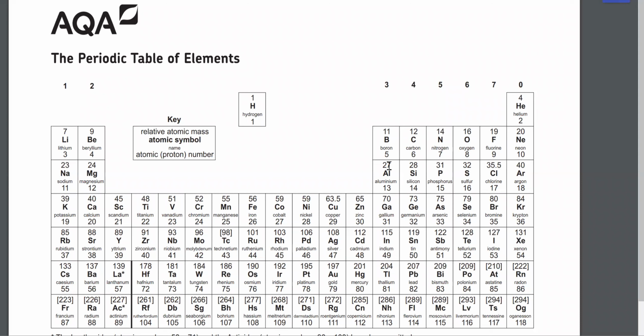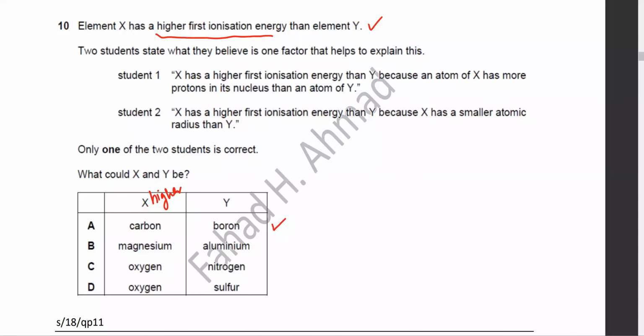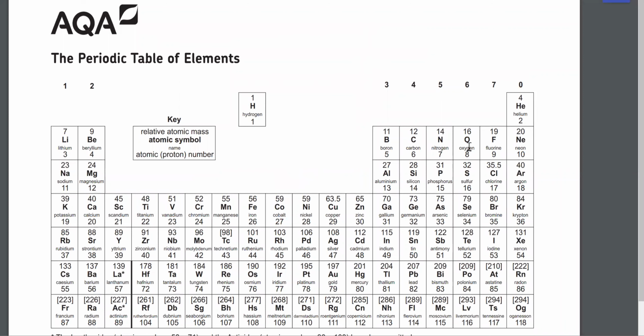Is this clear? So it's going to rise, and then there's going to be a dip at aluminium. So that is also true. What about the third one? Oxygen having more energy compared to nitrogen. Oxygen is over here, nitrogen is over here. Is oxygen going to have higher ionization energy?